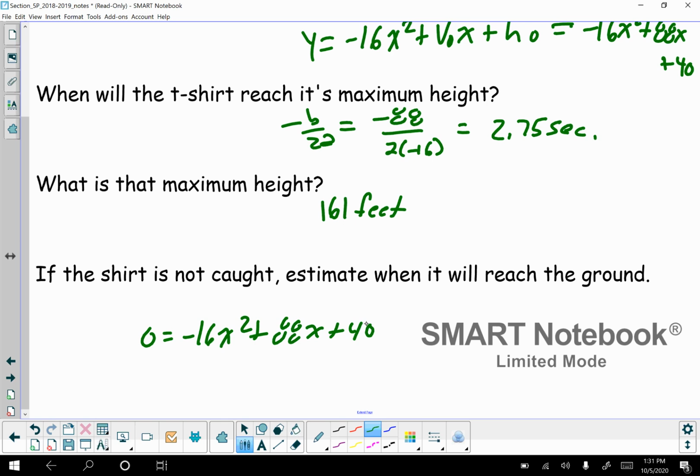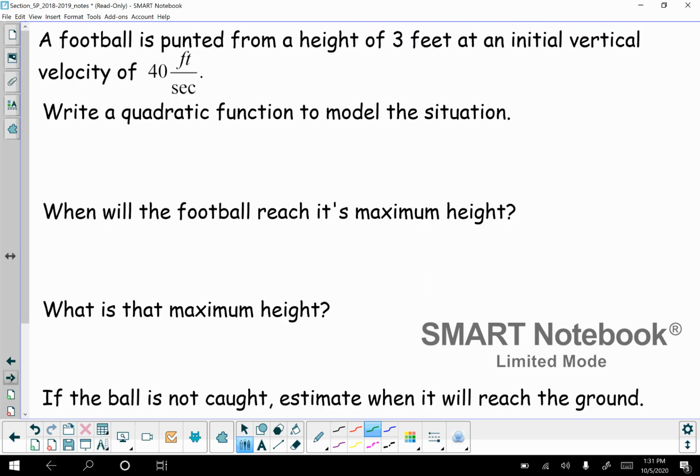So again, ask me, and we will make sure we are covering these in class. So at 5.92 seconds after you have launched it, it'll hit the ground if nobody caught it. So it's been in the air for a while.